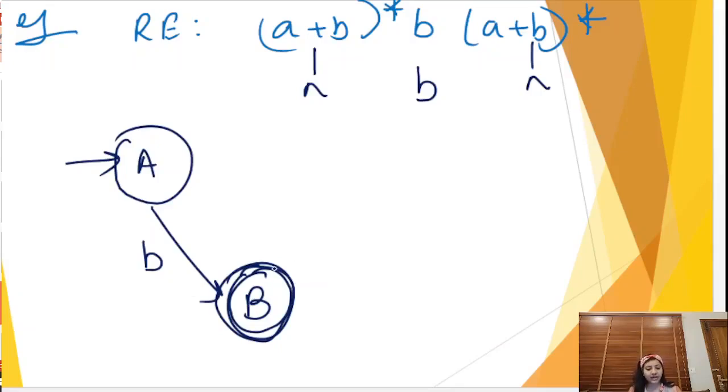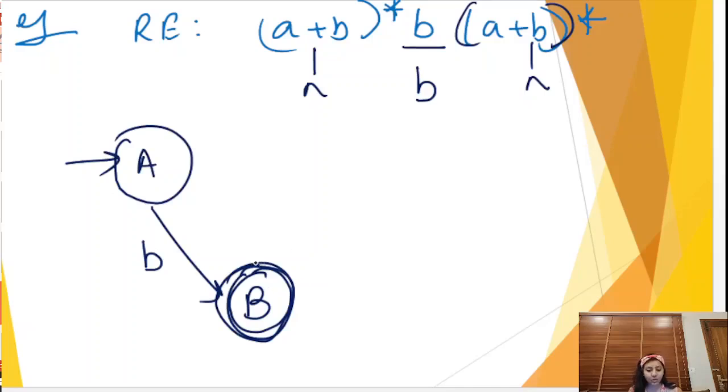Once you reach the final state, that means once you have come across single B, then if you receive anything after it, since it's (A plus B) whole star, even if you receive any number of A's or any number of B's, you can remain in the final state only.